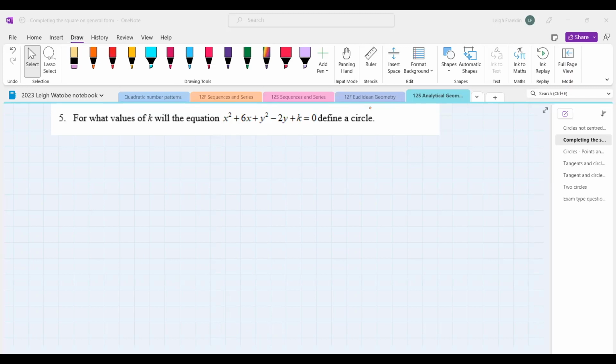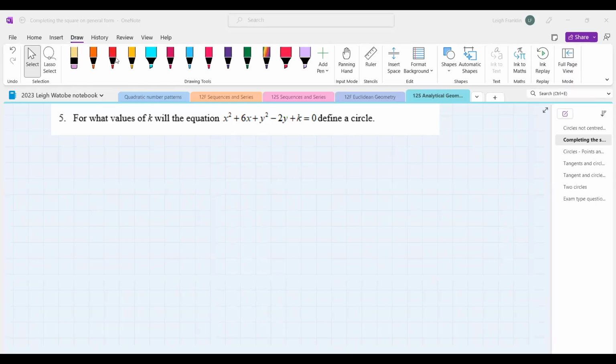Any ideas on where you think we would start with this? What piece of information? It's something that I've mentioned this evening. It's not on the screen at the moment, but there's something that I've said to you this evening that is sort of key in answering this question. Lidwina, what do you think it is? Ma'am, didn't you say that the RHS has to be greater than 0? Absolutely.